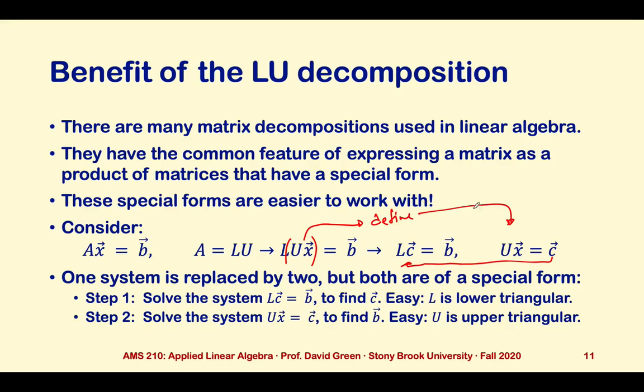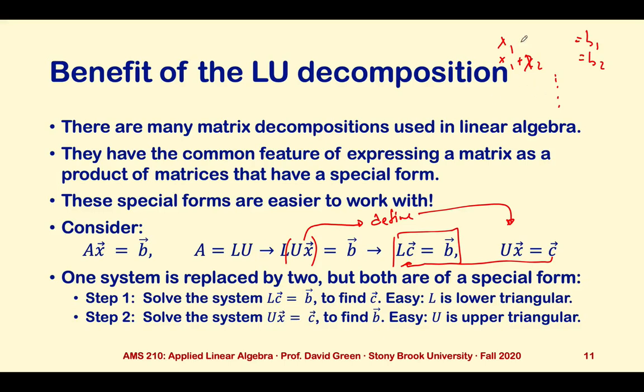What does this mean? The lower triangular matrix means that this system has a form that looks something like this: X1 equals B1, X1 plus X2 equals B2, and so on.